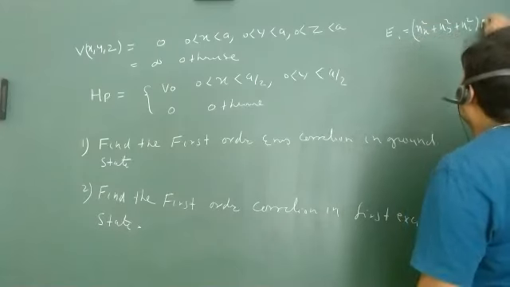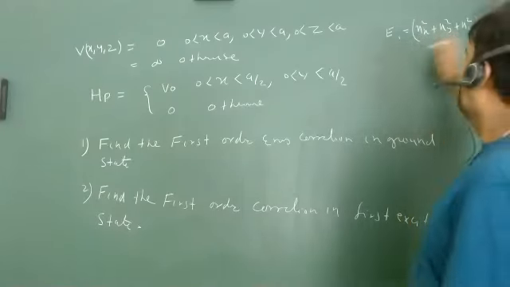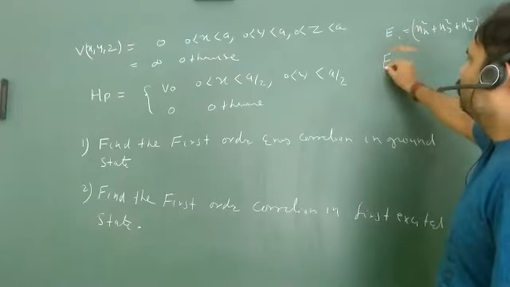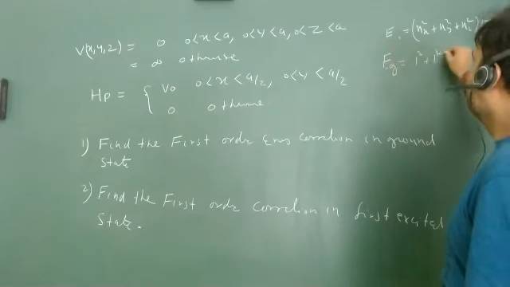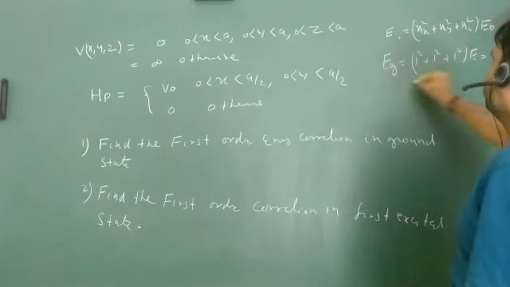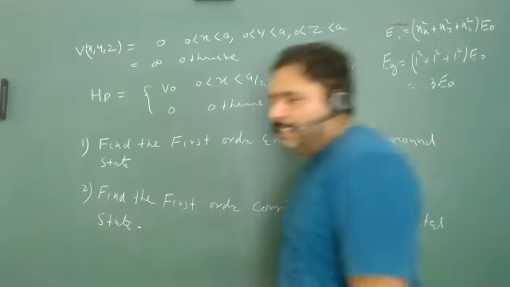We have done all this. Remember, E naught is nothing but pi square h cut square upon 2 m a square. So the ground state is easy, and that will be 1 square plus 1 square plus 1 square times E naught, which is 3 E naught. And is this degenerate or non-degenerate?